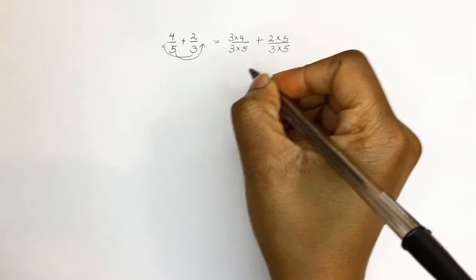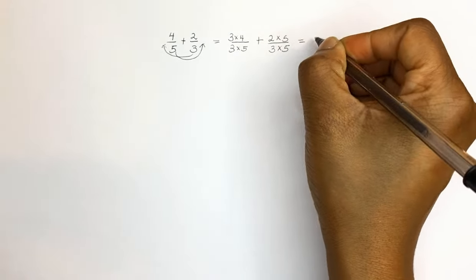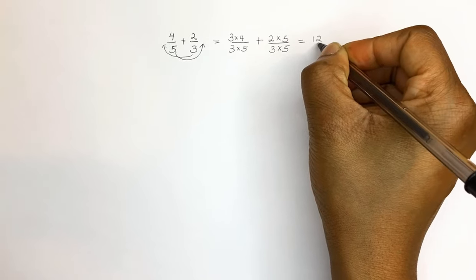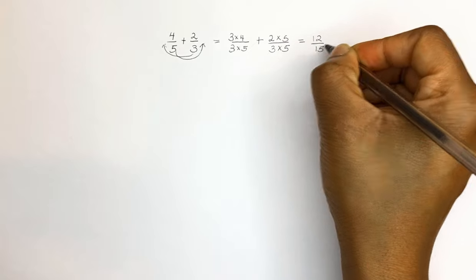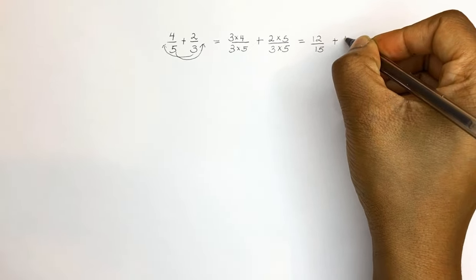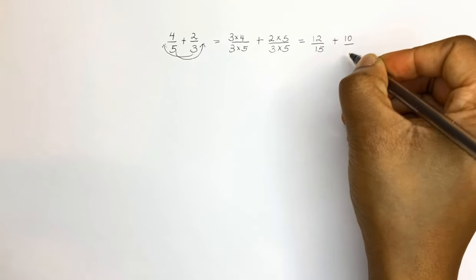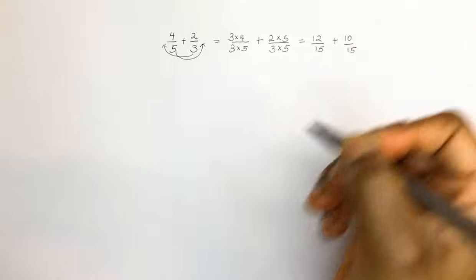And let's see what we come up with. So 3 times 4 gives us 12, over 3 times 5, which gives us 15, plus 2 times 5, which gives us 10, over 3 times 5, which gives us 15.